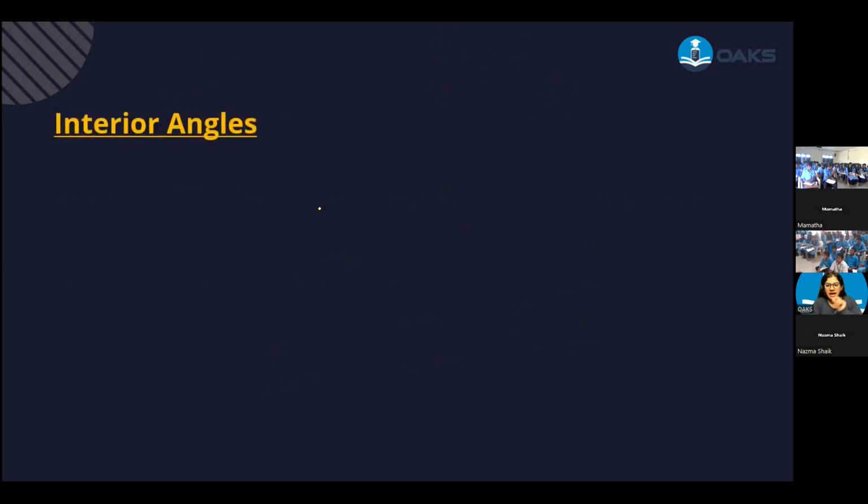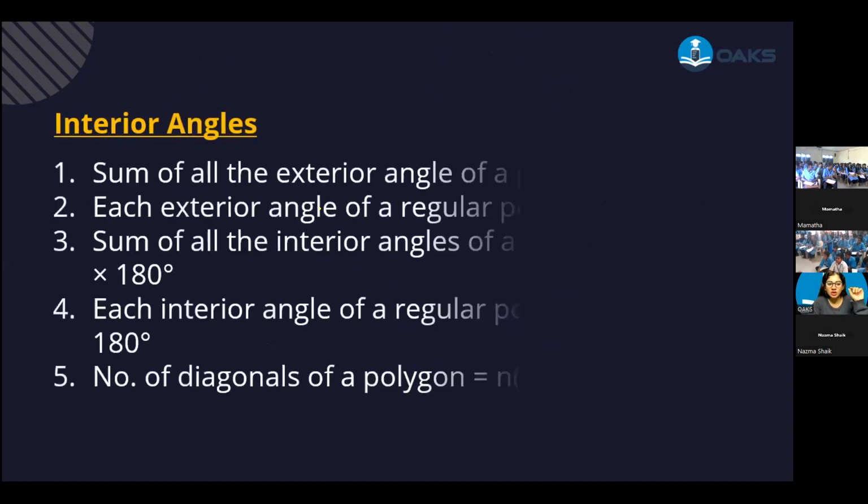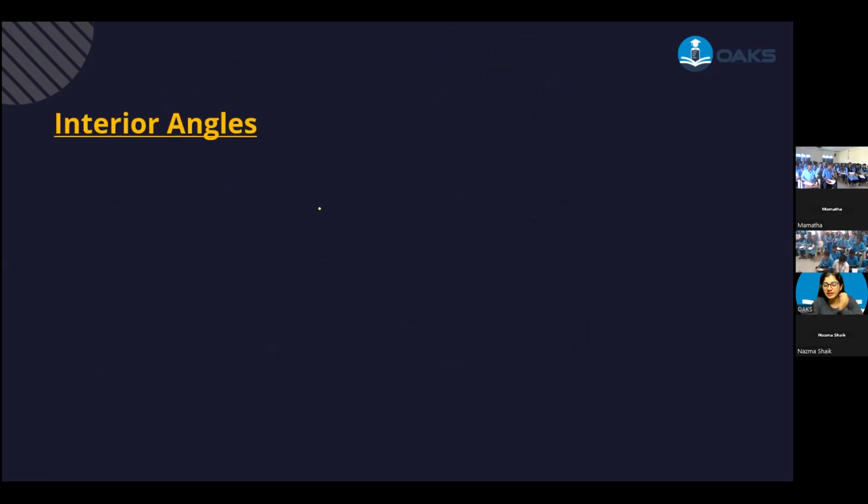Now, I have some formula based on interior angles and I'll be asking questions on this. So, yes, what are you saying? Convex and concave? Okay, no, don't worry. This is not in your syllabus. I just want to make you understand. See, convex is having all the interior angles less than 180.